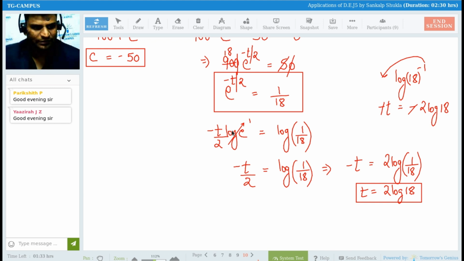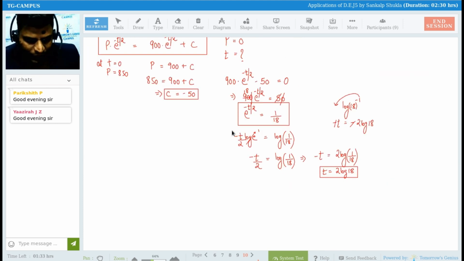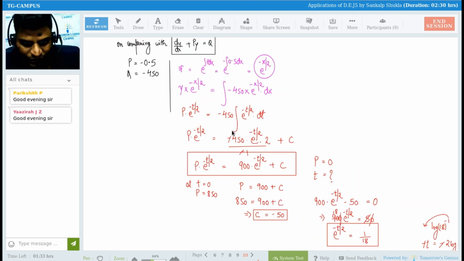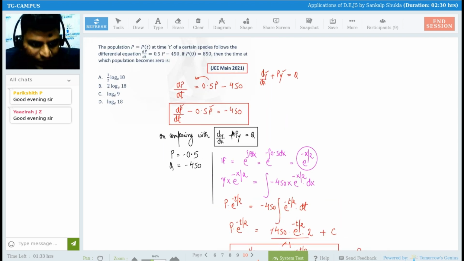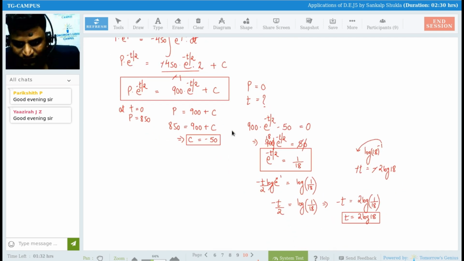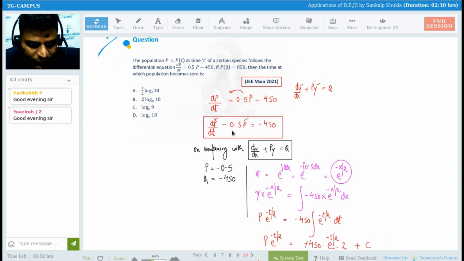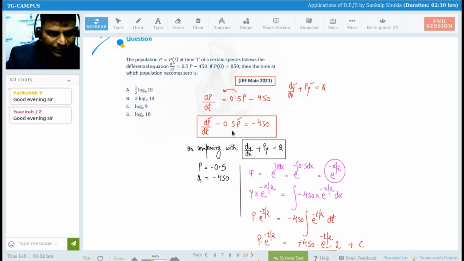I hope everybody got it. So quickly note it down. I'm not sure if they have got the right answer or not. Oh yeah, we have. 2 log 18, that means option B.